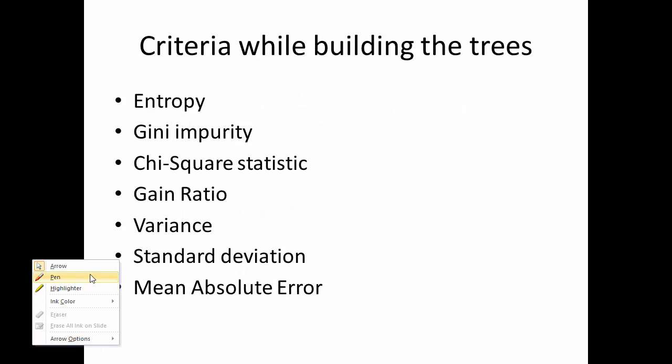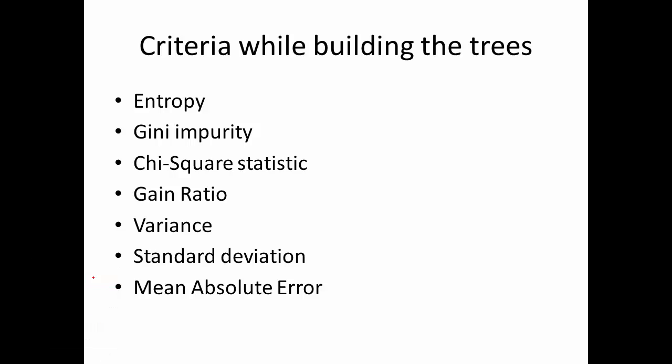Let's take one more step and mention that there are different criteria which you can choose from while building the trees, that make the tree growing stop and make the decision on how the tree grows on which branches.